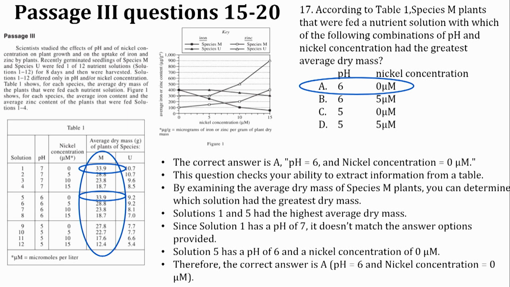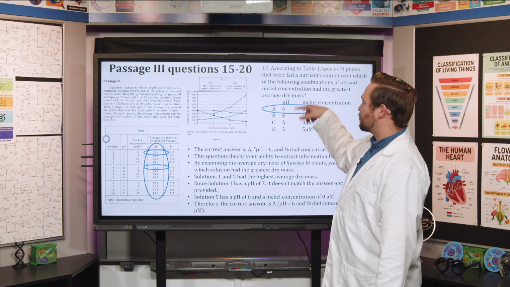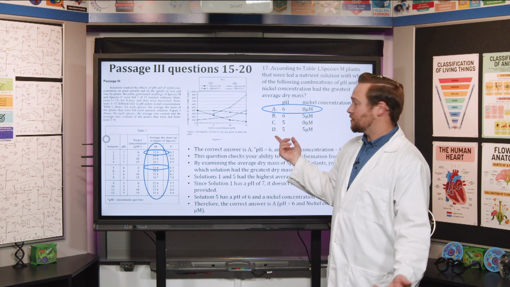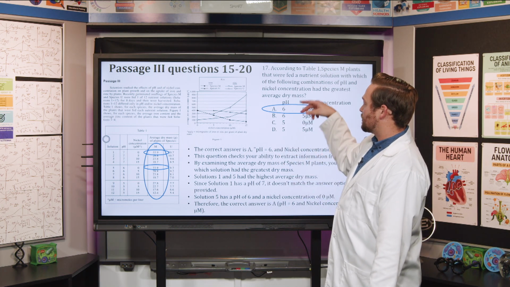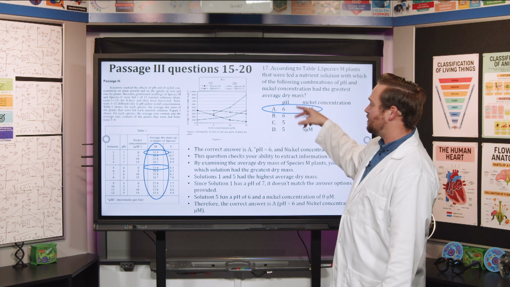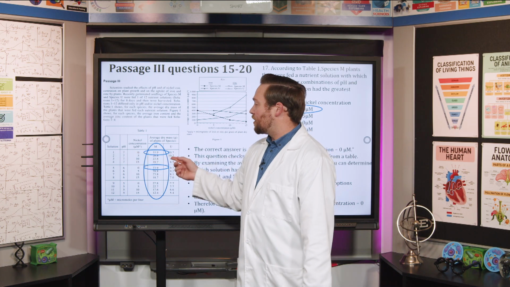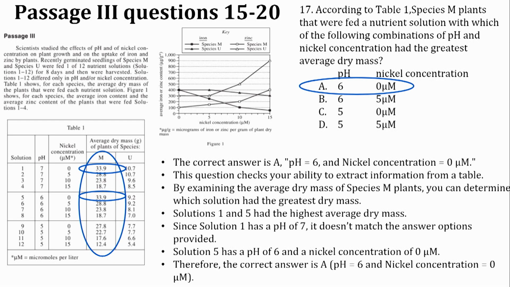Okay, so a quick way to find this information is you can see all of our answer choices have a pH of 6. Right here in the answer choices, it's 6 and 5. And that means that anything that does not have a concentration of 6 and 5 can't be the right answer. So if you look at Table 1 over here, you can see that Solution 1 had one of the highest average dry mass of plants of species M, right?